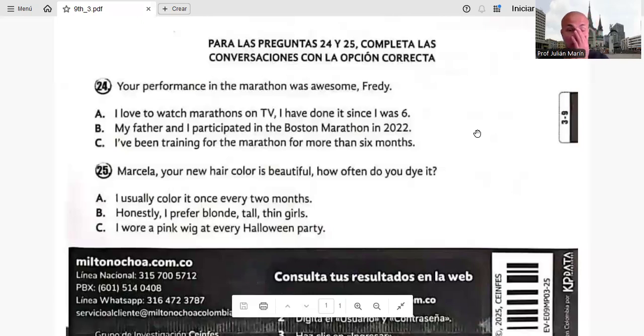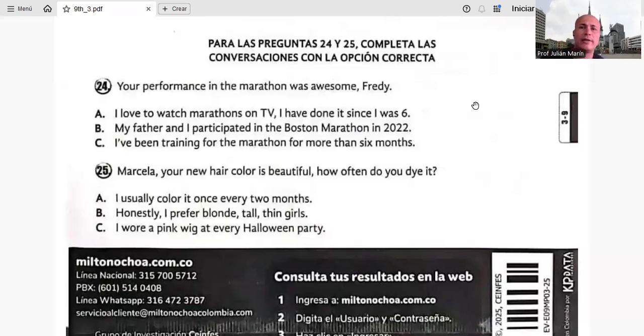Over here we have questions 24 and 25. In the instructions, they say we have two conversations, okay? We're going to complete the conversation.